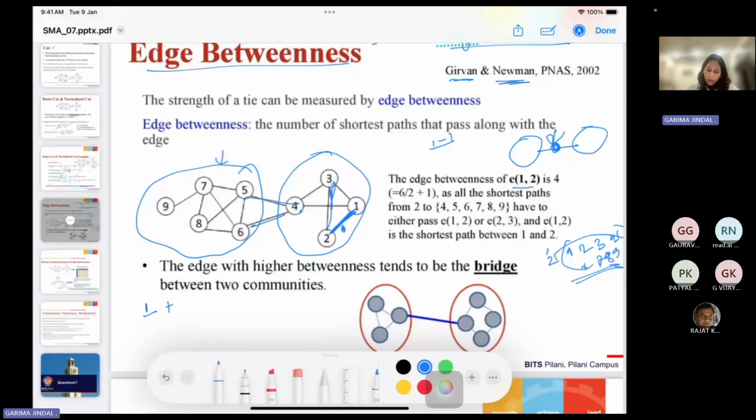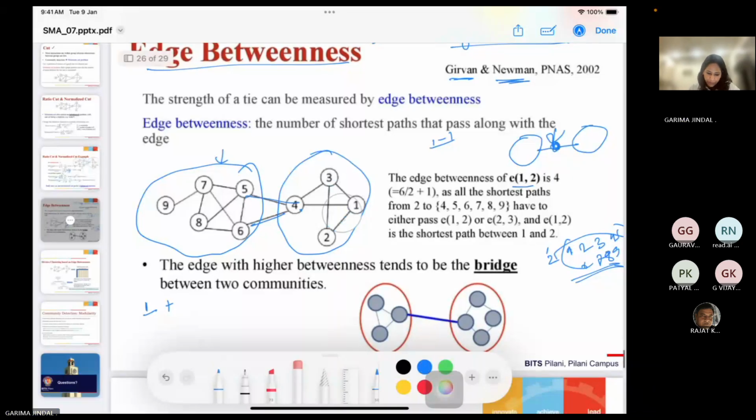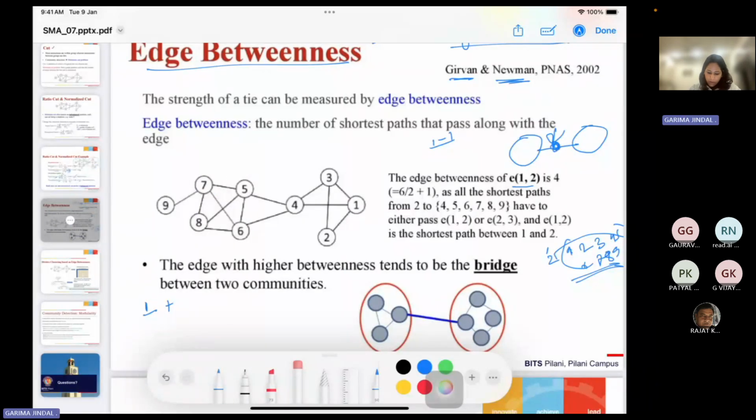So if I want to go from 2 to 4, let us first find how many shortest paths there are from 2 to 4. There is one path from here to here, and then there's one shortest path from here to here. So you can see that there are two shortest paths. From these two shortest paths, there's one path that is passing through this edge. So this will be 1 by 2.